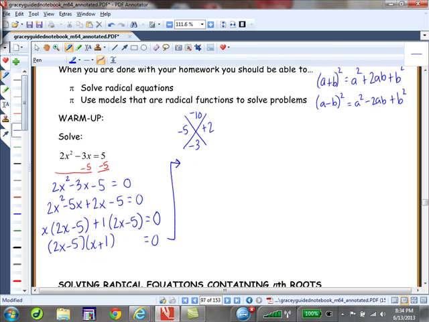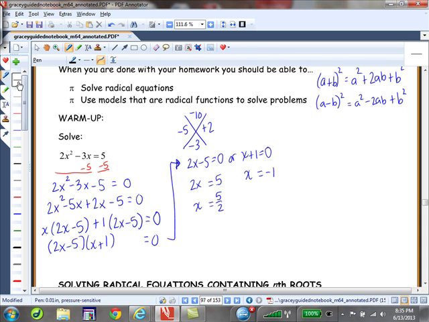Using the zero product principle, we have 2x minus 5 is equal to 0, or x plus 1 is equal to 0. Adding 5 to both sides on the first linear equation in one variable, we get 2x is 5. And dividing both sides by 2, we get x is 5 halves. Over here, subtracting 1 from both sides, we get x is negative 1.